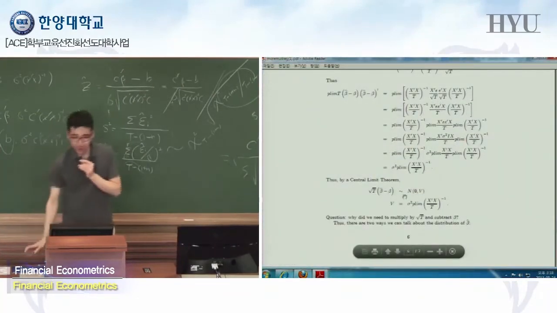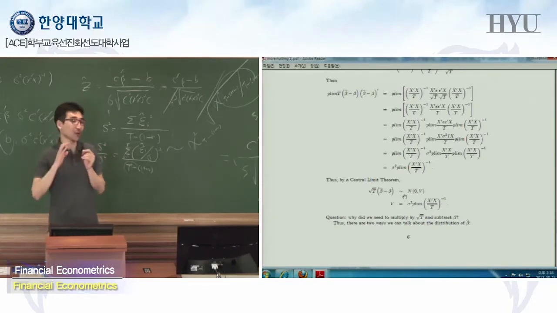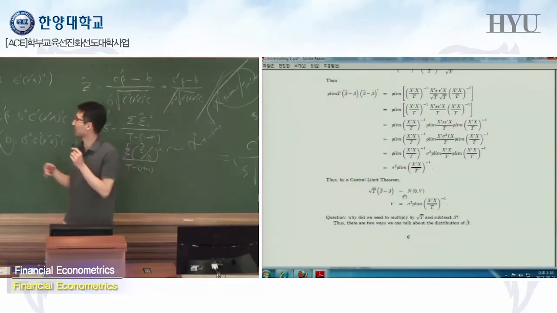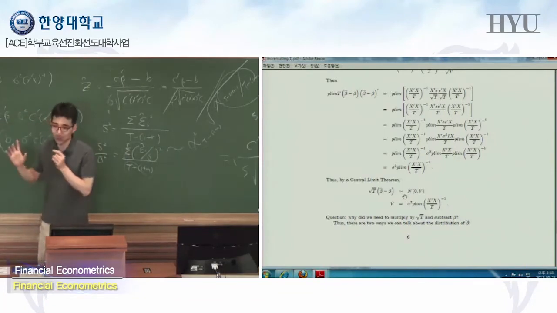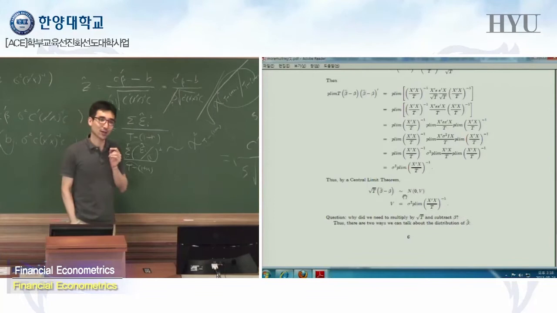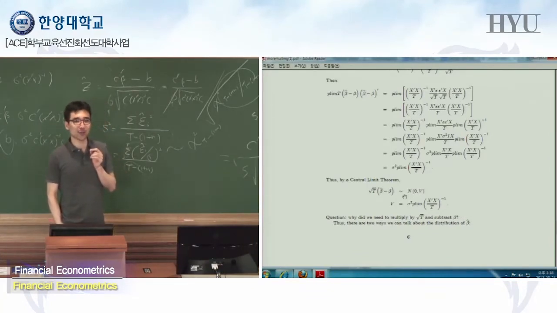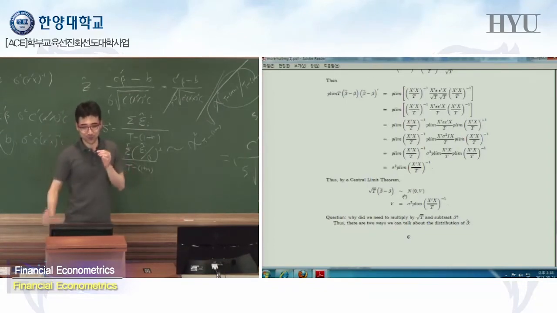In this case, again, we don't know anything about beta, and actually we don't know anything about beta hat. But at least from the asymptotics, if we have large numbers, we know beta hat converges to beta, and the variance covariance matrix of beta hat minus beta converges to something like this.